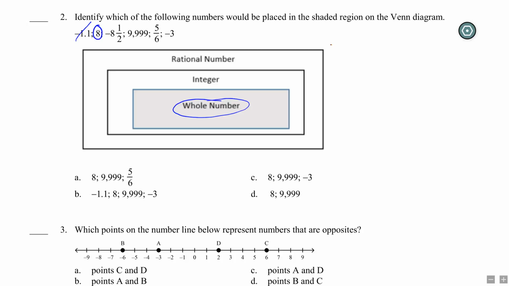Negative 8 1/2, not a whole number because, again, negative and a fraction. Then I have 9,999. That would be a whole number. 5/6 would not. Negative 3, because it's negative, is not a whole number. And so then I'm looking down at my answer choices, and I see that answer choice D matches, and that would be my answer.